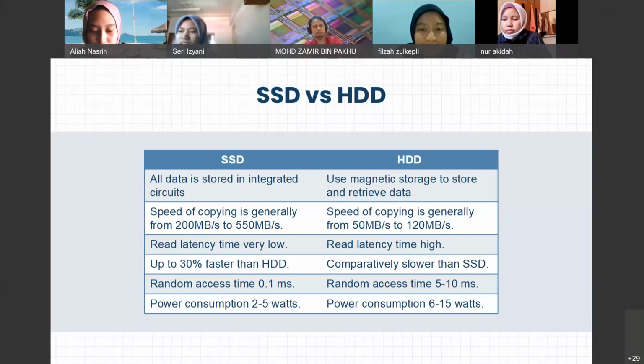So HDD will need more time and greater latency to find the data.